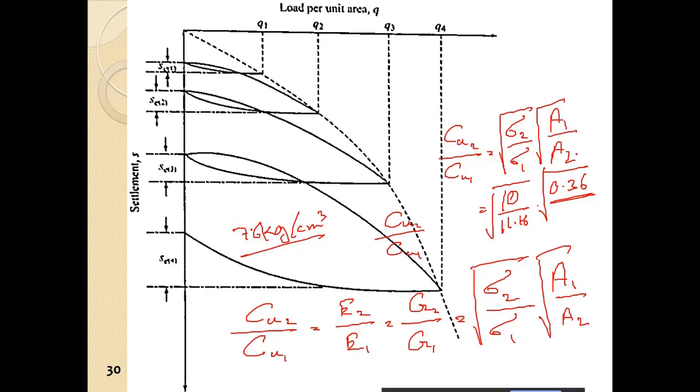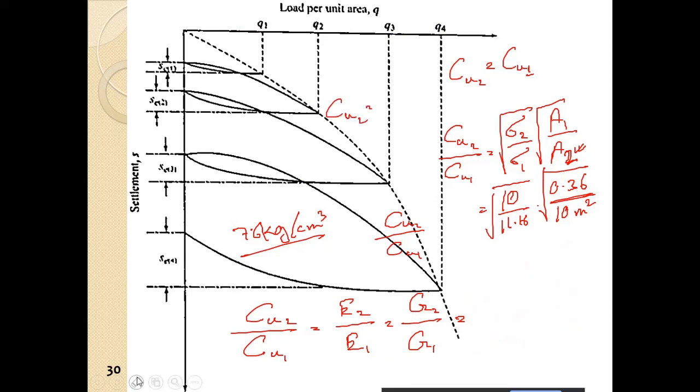And the area that we require, A2, is 10 meter square. So ultimately Cu2 is equal to Cu1 into this calculation, whatever you have. So Cu2 is equal to, we will get 1.36 kg per centimeter cube, sorry, centimeter cube. So this is Cu2.